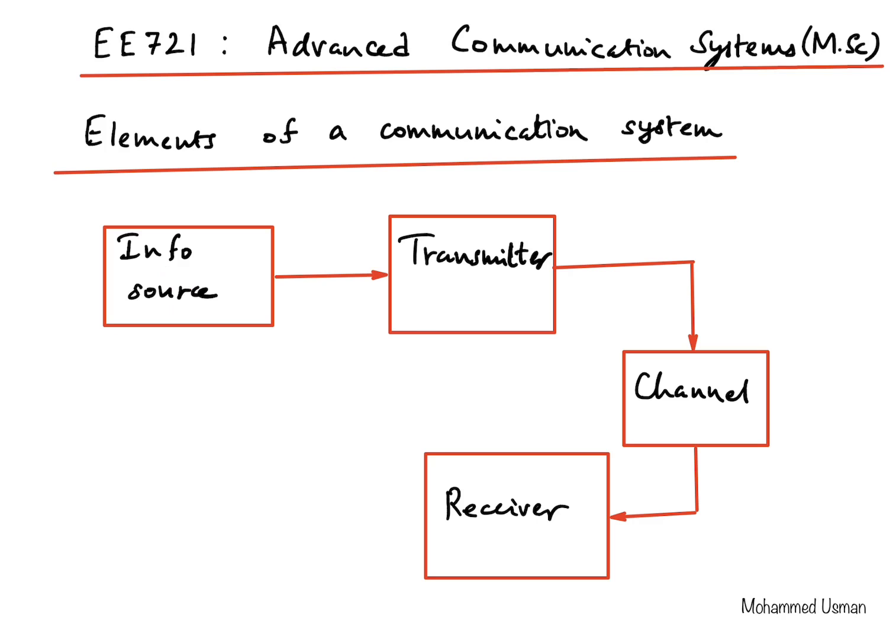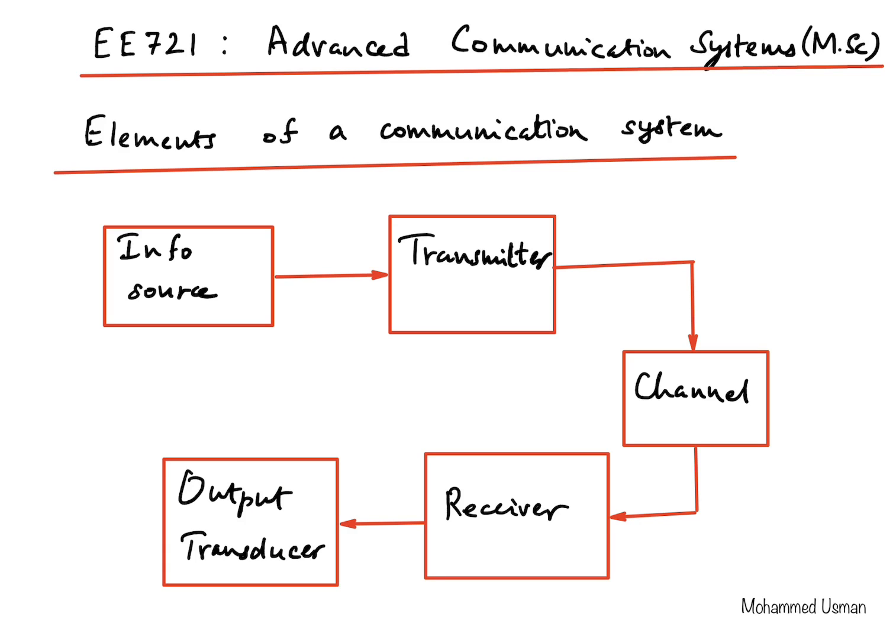So the sound is converted to an electrical signal by a microphone here, and the electrical signal has to be converted back to sound through the output transducer, which would happen by means of a speaker, for example. So the last part would be the output transducer.